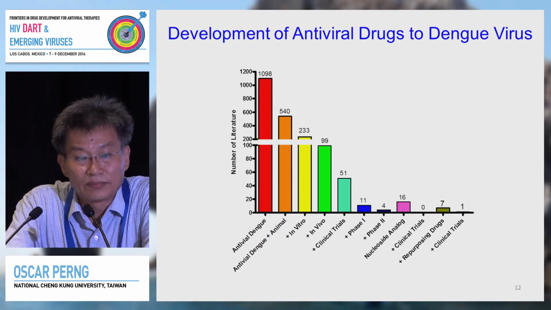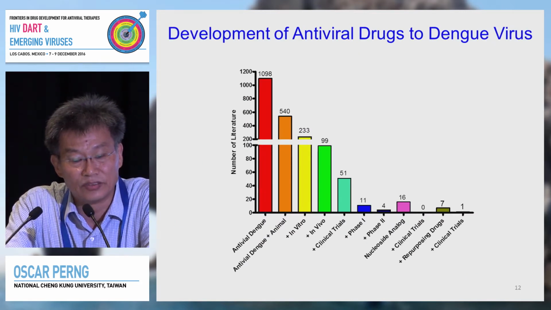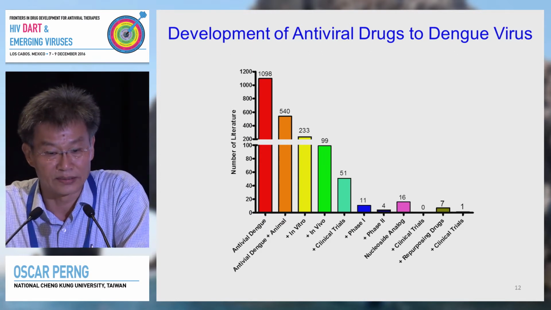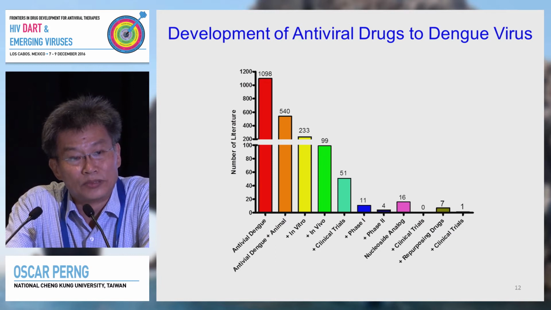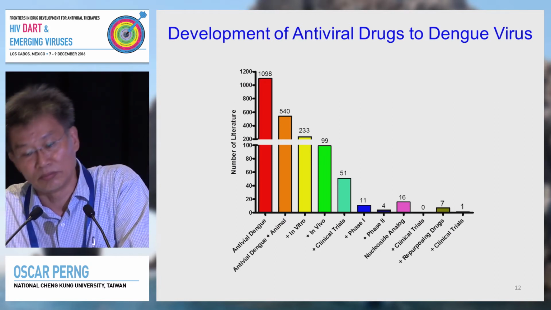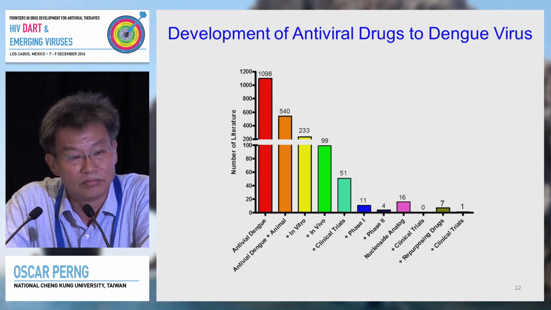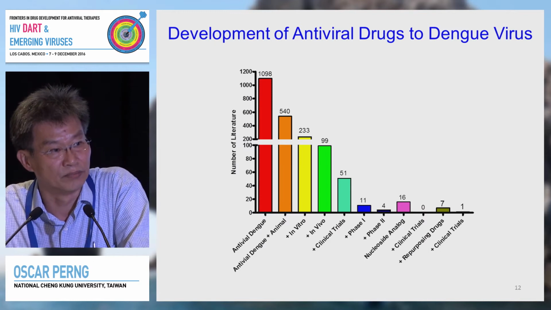In terms of antiviral drugs for dengue virus, if you search PubMed using the keywords antiviral dengue, there's a typo here, you will see almost 1,100 publications. But if you narrow the keywords, in vivo, in vitro, phase 1, phase 2, it comes down to single digits, very few.